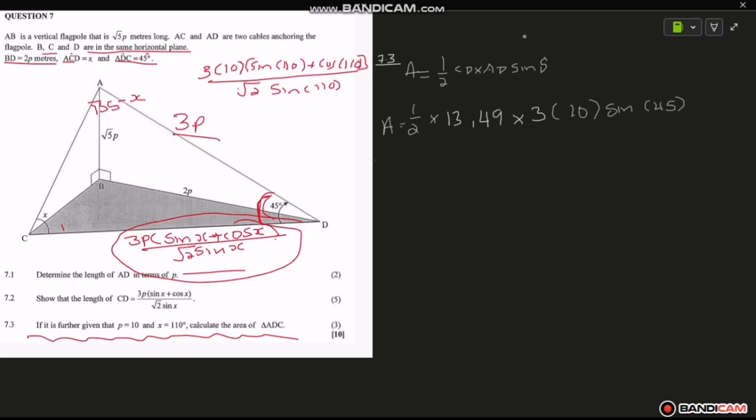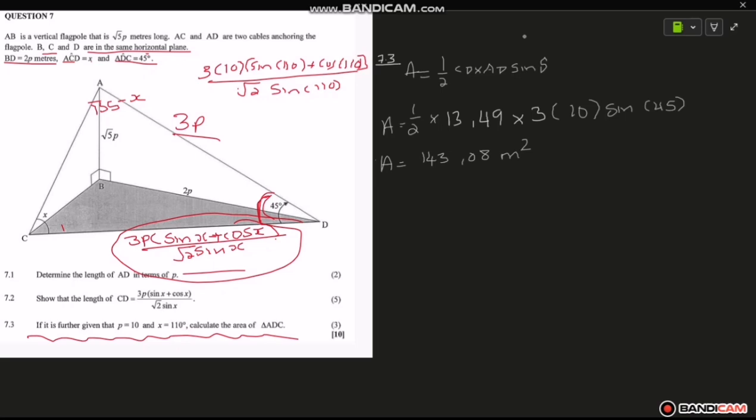But let's just try our best. Make sure that you do not round it off before the last answer. So it gave me 143.08. Then you write meters squared because this is the area, or units squared. Well, let me try to write everything here without rounding off, to see if the answer will be the same.